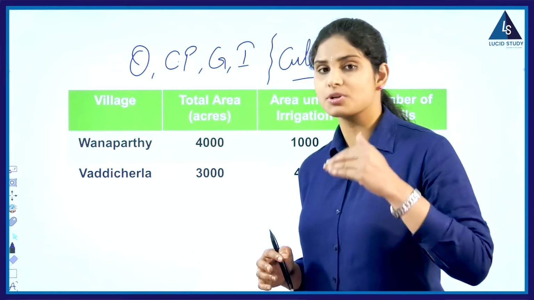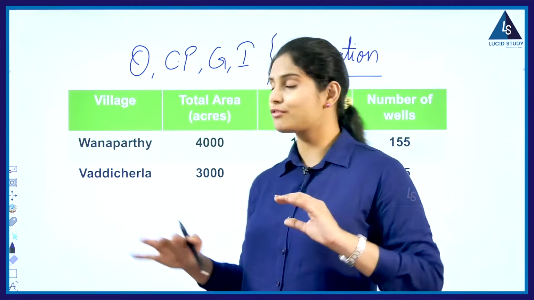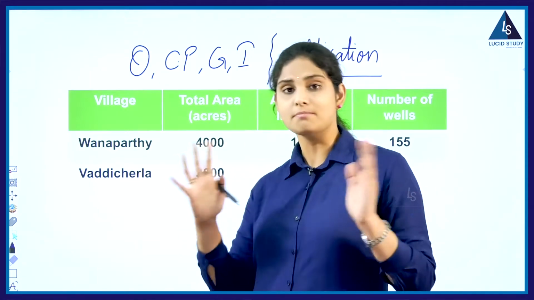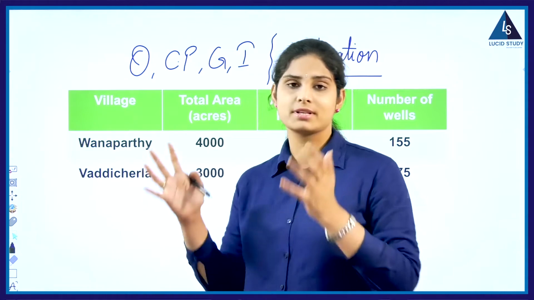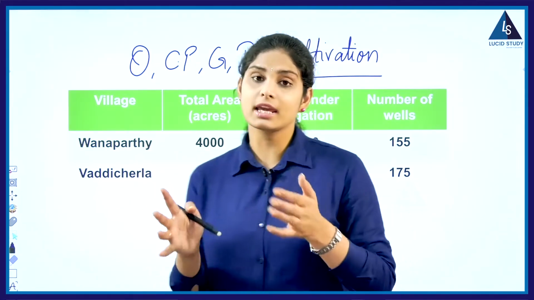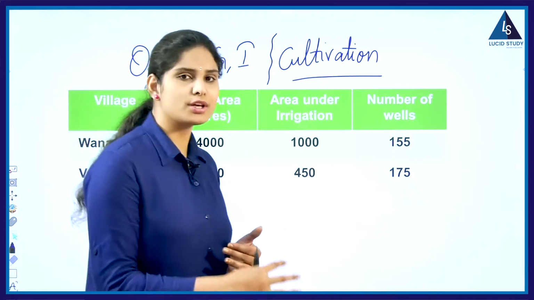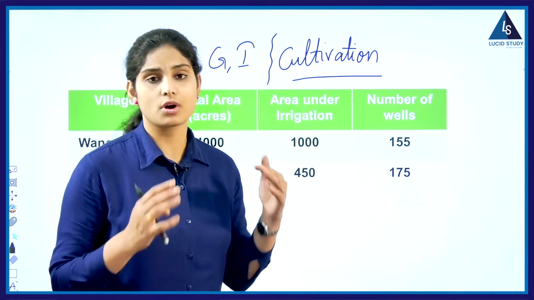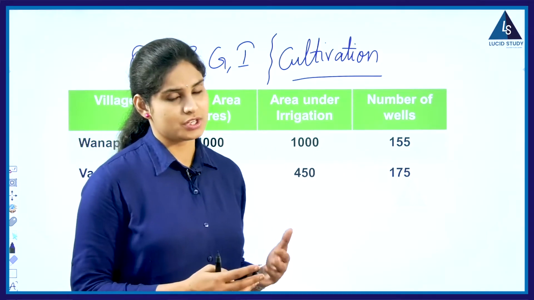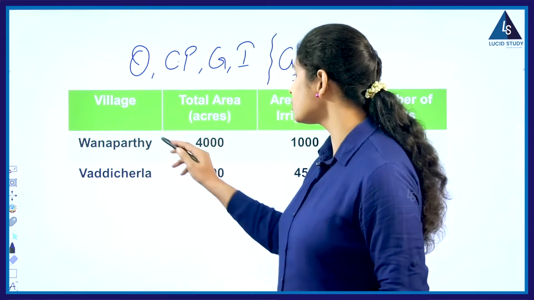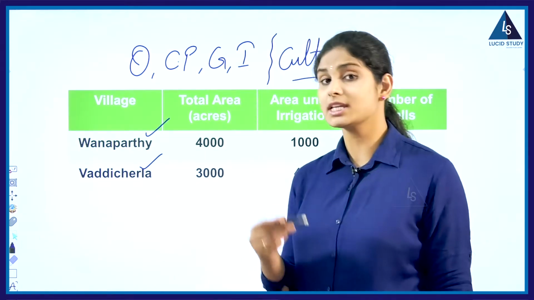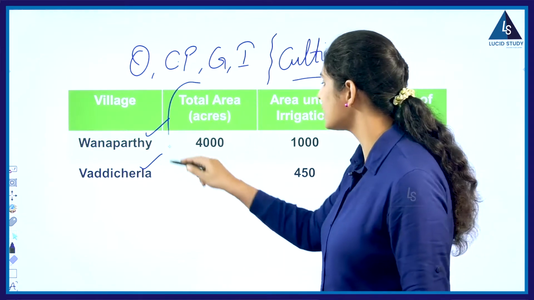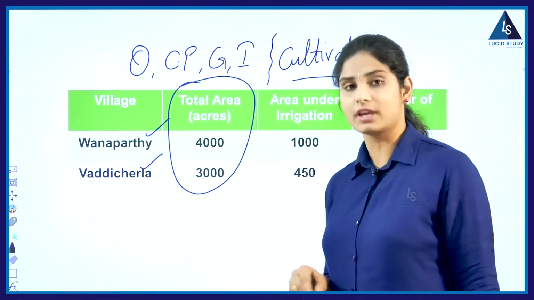Now there is a table here giving a comparative study between the area of land in both the villages, and how much area is used for irrigation. As we know, we are talking about Vanaparti and Vadicherla, and their areas are mentioned in acres.